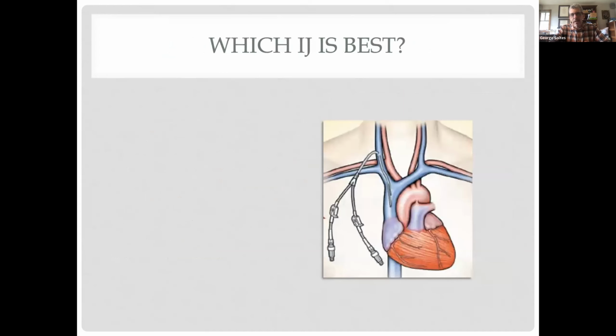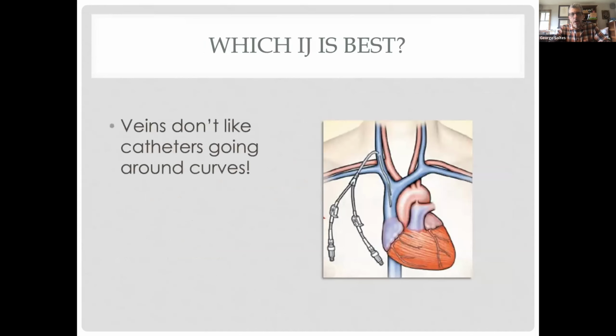So once you decided, hey, the IJ is awesome, which IJ do you choose? A rule of thumb for all of these things, and I think why most of these things are true, is veins get sad when your catheters go around too many curves. I think they touch the wall more, they cause the veins to get sad, develop intimal hyperplasia, and that leads to thrombosis and stenosis and occlusion.